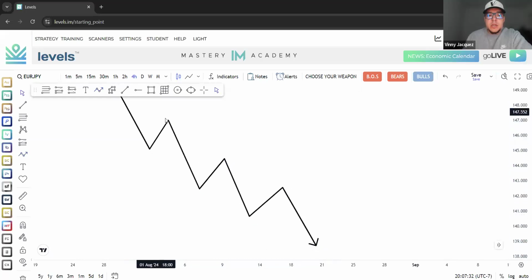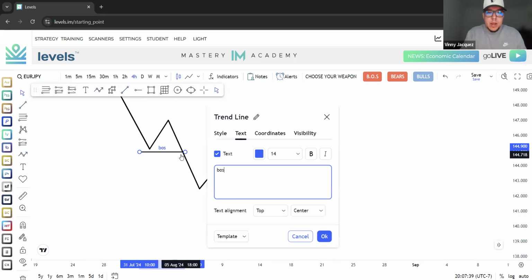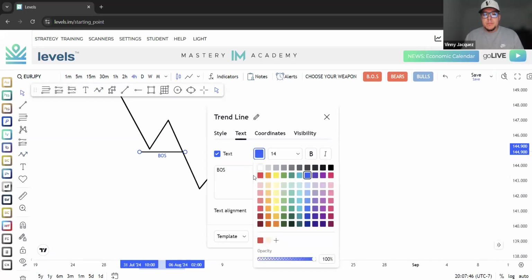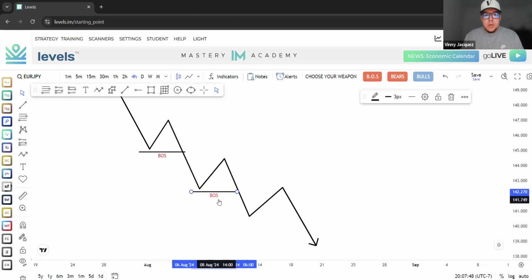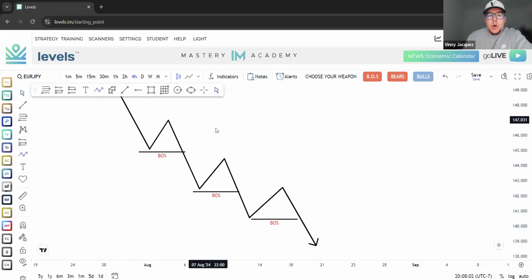As the market continues to break structure to the downside, giving me a break of structure, boom, BOS, BOS, BOS. Every time we get a BOS, this lets me know the market is continuing in that downtrend.